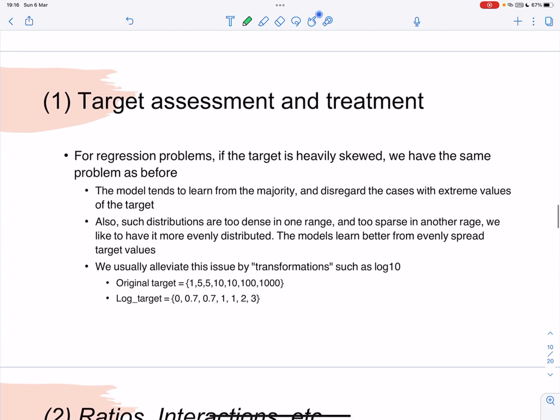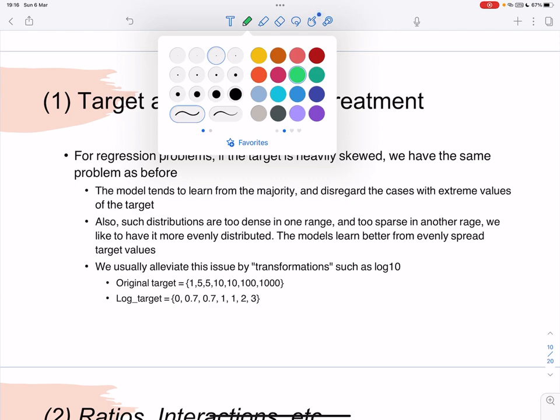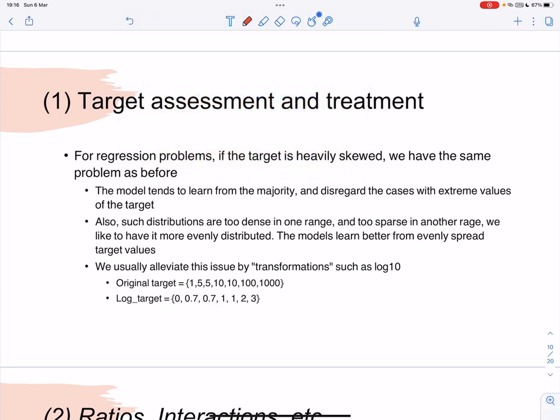So we have almost the same situation for regression problems. For regression problems, if the target is heavily skewed, which means something like this, the model would focus on this part and disregard the rest. We don't want such a thing to happen. And how to deal with it?